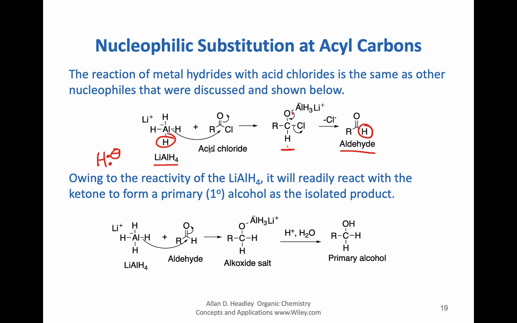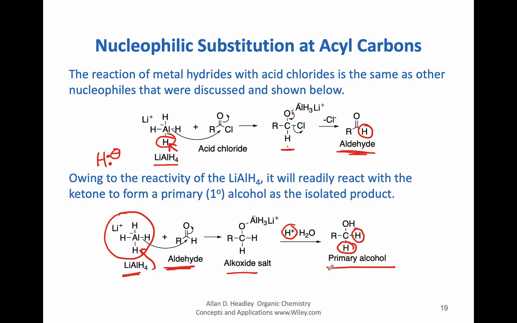Again, as you can imagine, it will not stop at the aldehyde stage because this is very reactive. So another mole of this lithium aluminum hydride will react with the aldehyde to give a salt. Upon hydrolysis will give a primary alcohol. So notice again, here's the H from this H, and here's the other H from the second reaction.